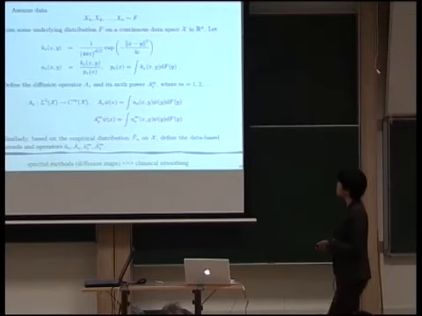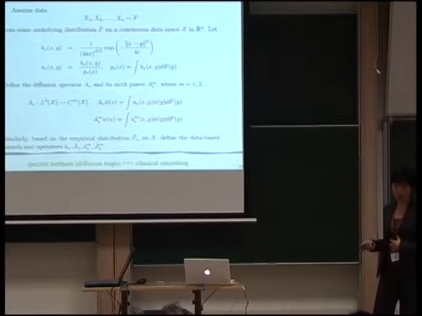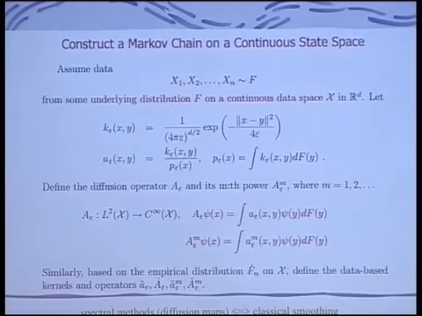So we're going to start by constructing a Markov chain on a continuous state space instead of a discrete graph. We're going to think of the data as coming from some underlying distribution on a data space, let's call it curly X. For simplicity, we're going to assume that curly X is a compact set.